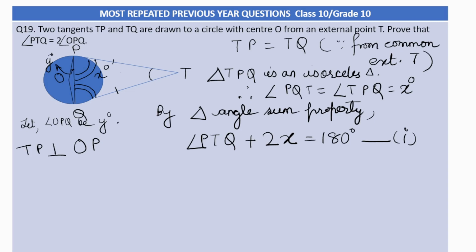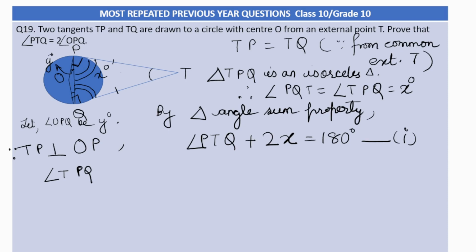Now I can write, since TP is perpendicular to OP, this bigger angle TPQ, this x degree angle, plus this small angle OPQ, if we add up both they will be 90 degrees, right? Here also both these angles, the small angle here and this big angle here, will make 90 degrees. So that's what I am writing here.